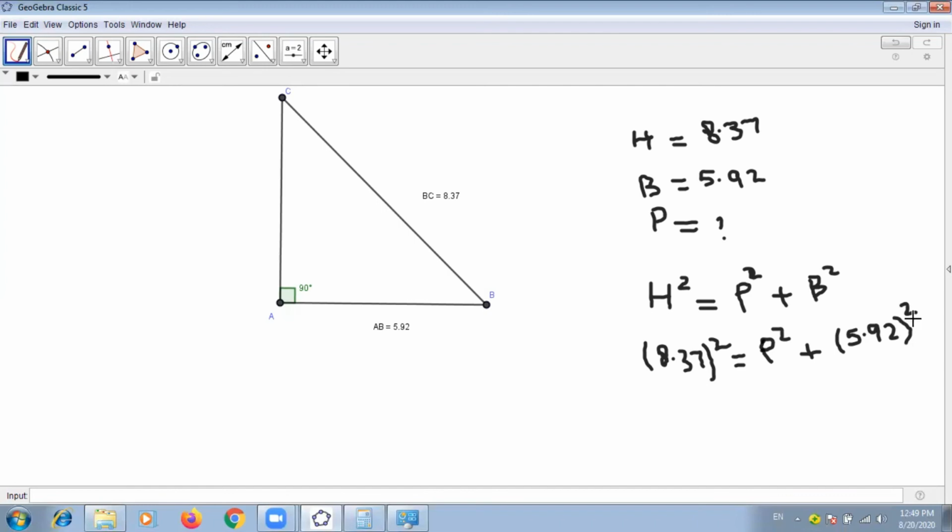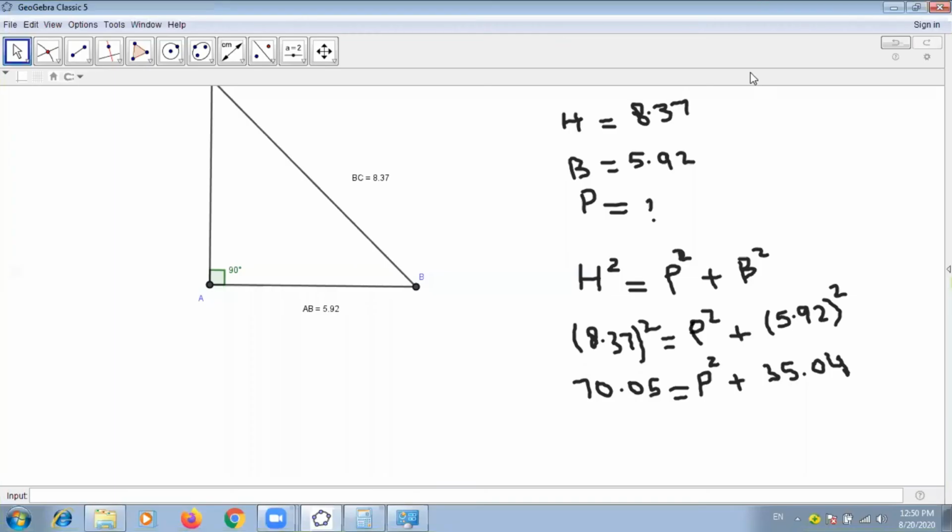When I square these, the square of 8.37 is 70.05, and the square of 5.92 is 35.04.